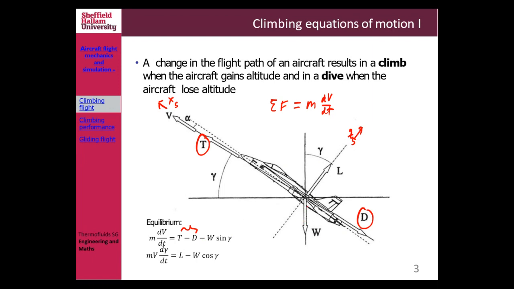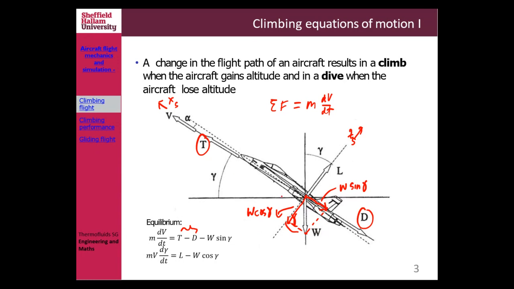And obviously there is another component, if this is gamma, right? So then there's a component of your weight in this axis, and of course there will be another one in that one. So this one is obviously W sin gamma, but that one is your W cos gamma.